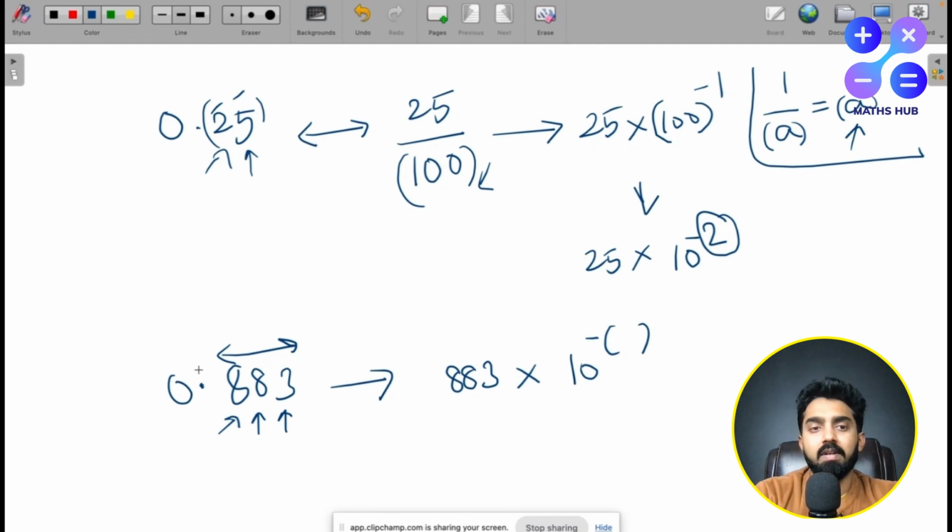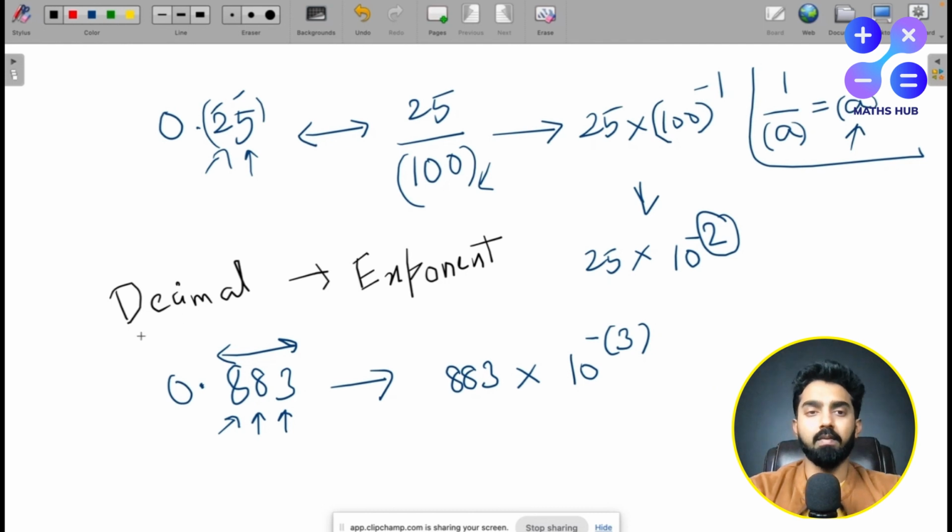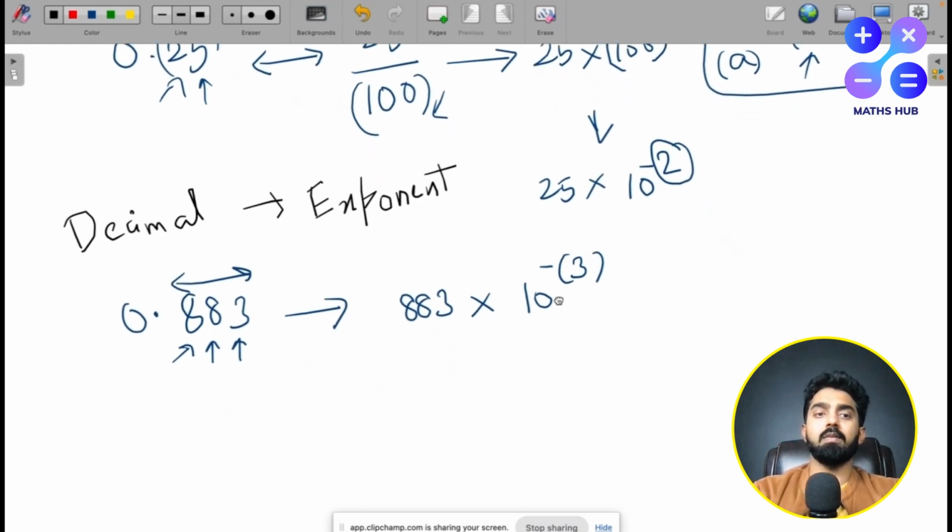So after the decimal, that's 3. So you're converting a decimal into an exponent. Previously we saw converting a decimal to a fraction, and now you convert a decimal to an exponent.